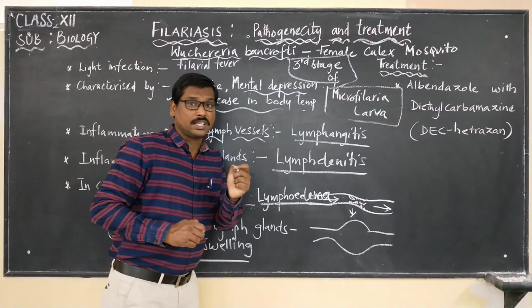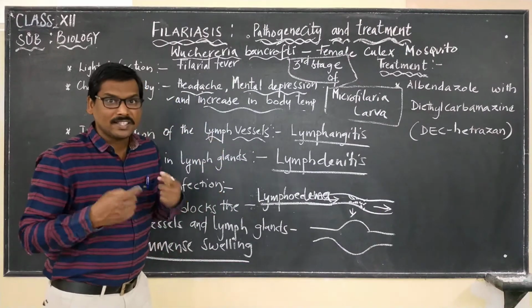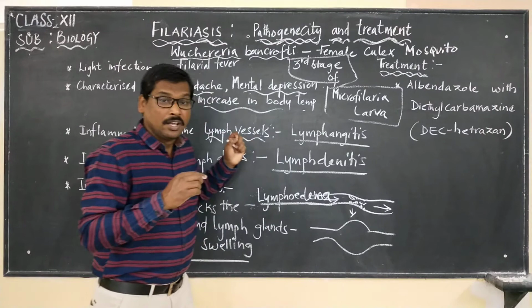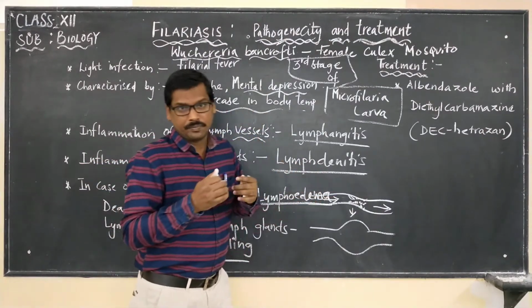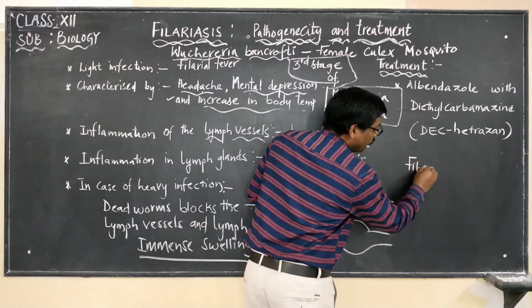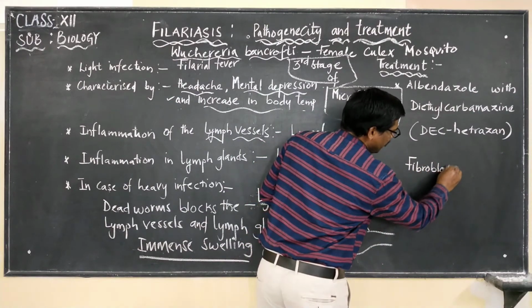And a very interesting thing: the tissue that is infected by this Wuchereria bancrofti is the lymph. In the lymph, there will also be accumulation of fibroblasts. Please remember this, a very interesting point.